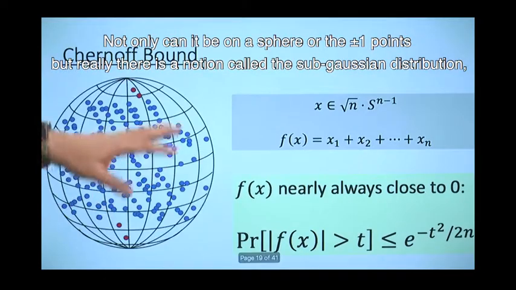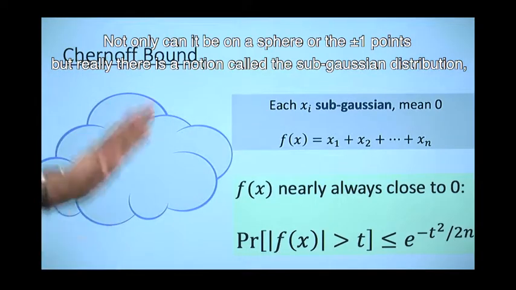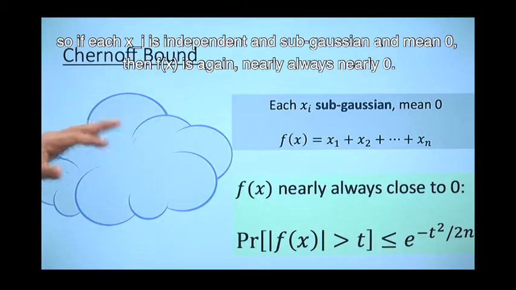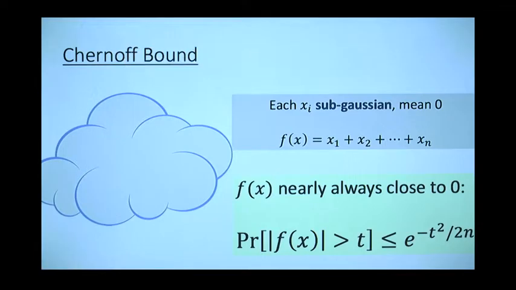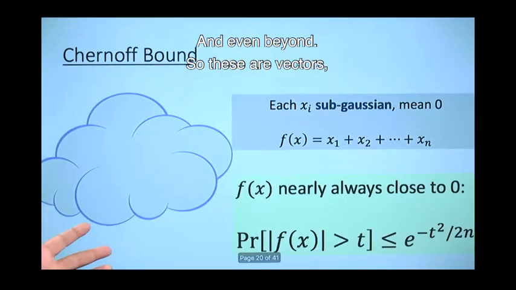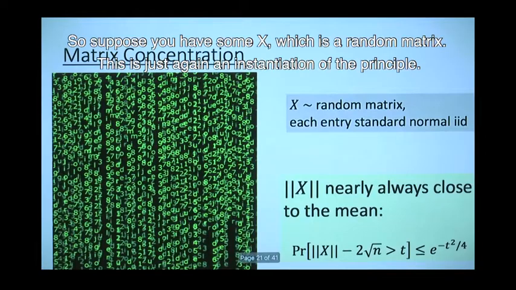Good. And this phenomenon I said for +-1 points, but it extends much more generally. Not only can it be on a sphere or the +-1 points, but really there is a notion called sub-Gaussian distributions. So, if each xi is independent and sub-Gaussian and means 0, then f of x is again nearly always nearly 0. And even beyond. These are vectors, but the same phenomenon even applies to matrices. Suppose you have some x which is a random matrix, this is just again an instantiation of the principle.